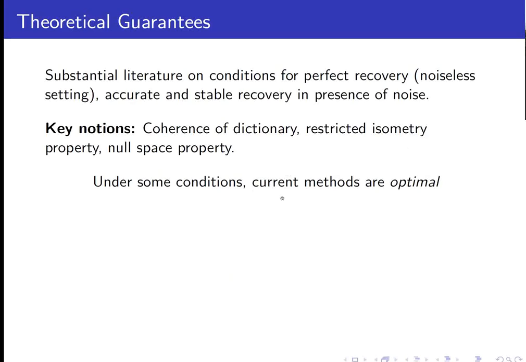They recover the correct solution, even though the original problem is NP-hard. And if you're a newcomer to this field and you've seen so much work, you can think that maybe the problem has been solved. There's not much left to do. And what I'm going to try to convince you today is that the answer is no. There is a lot of room for improvement, and I'll show you what we've been doing on this topic.